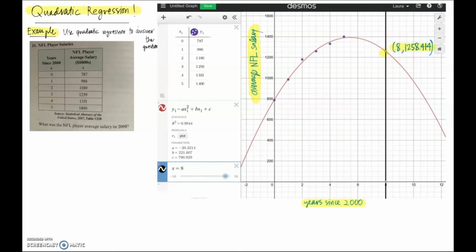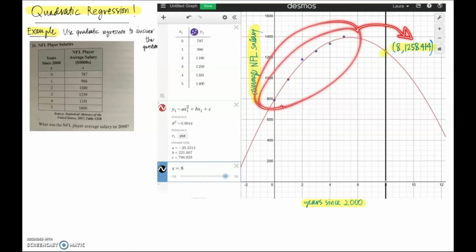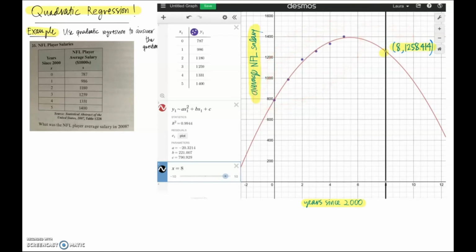But that's part of the whole modeling process, deciding if your model is a realistic model. It definitely fit the data in this case, but as far as does it really predict the future, in this case it probably is lacking in that area.